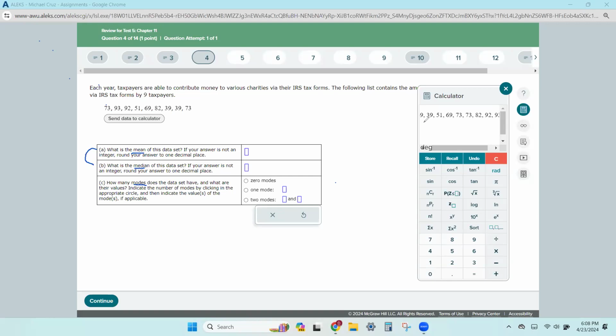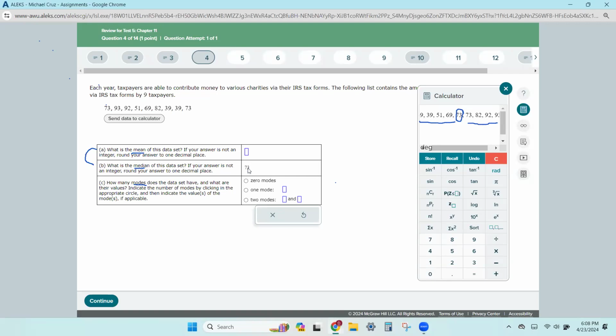Oh, there's 2 39s. Okay. So here's our median, because then we got 4 on that side. So this would be 73.